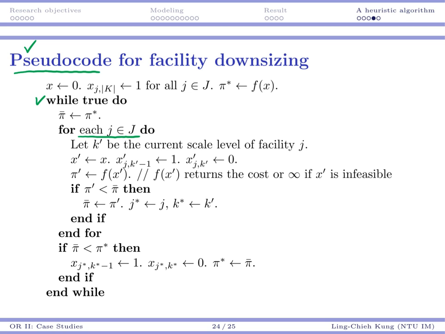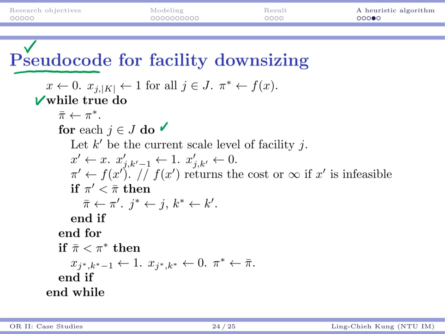That pi prime has potential to improve the current solution. Then immediately we would update pi bar by pi prime, and also record what's the current optimal solution. It's j with facility scale k prime. Okay, we will keep doing that for each facility.